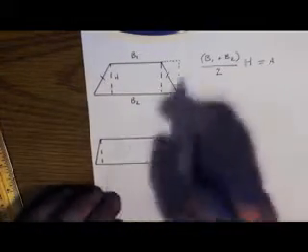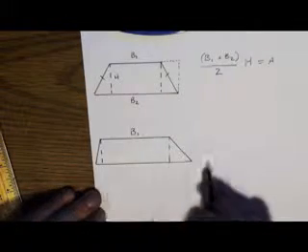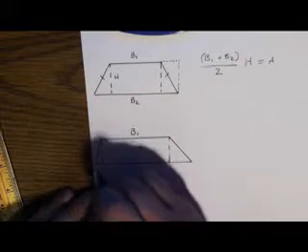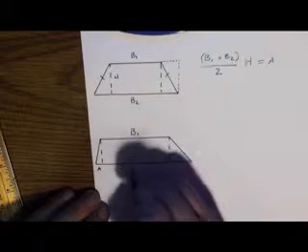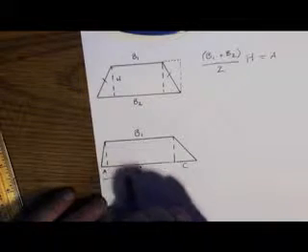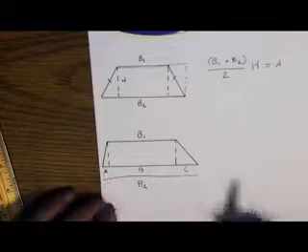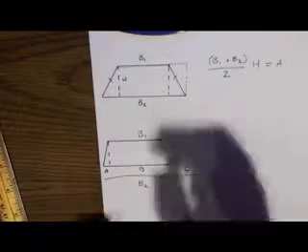But here we're going to use a slightly different notation. We're going to again call this B1. Overall this is B2, but we're going to call these A, B, and C, where the total length is just B2. So if I add all three of those segments up, I will just get B2.